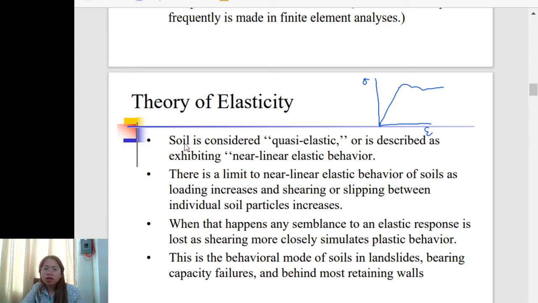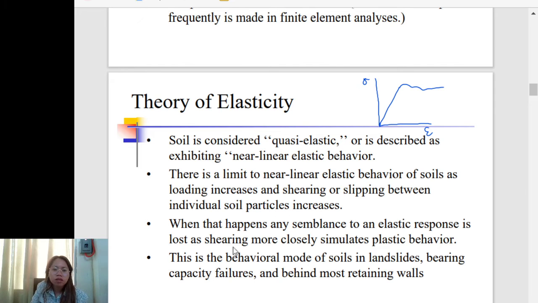At some point, according to this statement here, theory of elasticity in soil, soil is considered as quasi-elastic or near linear elastic behavior. So the soil actually still behaves like this, but only up to a certain loading condition. So there is a limit to the stress or load. When that happens, any semblance to an elastic response is lost as shearing more closely simulates plastic behavior.